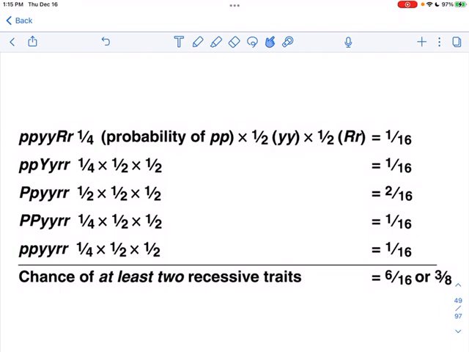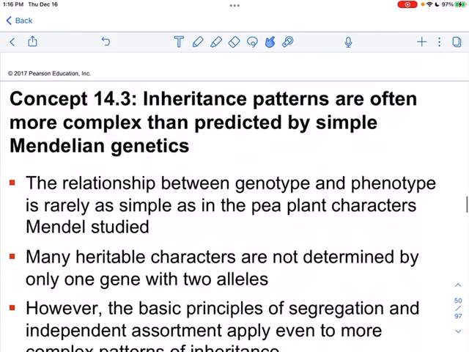So, multiple different ways of getting at least 2 recessive traits. We have to add all of the individual probabilities of 2 recessive traits being inherited together. If you're still having trouble or you just want some more practice with probabilities, look on our next Canvas page, and I've posted a resource there that has some practice problems.